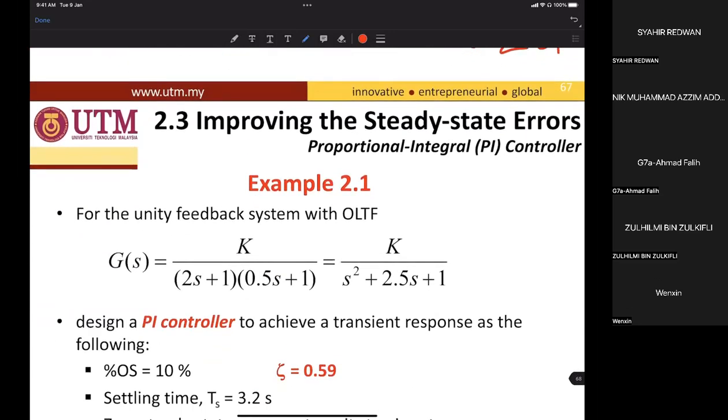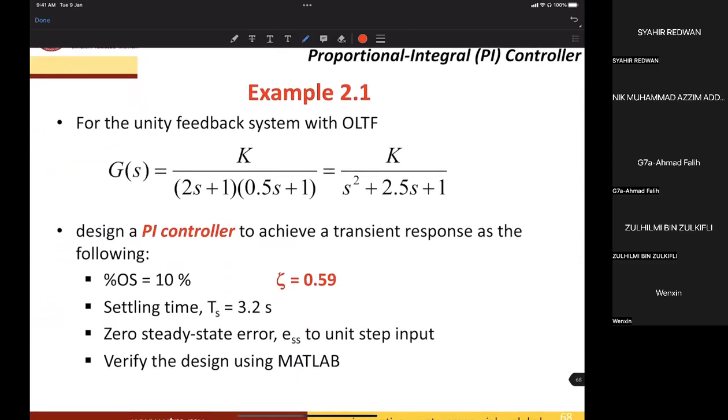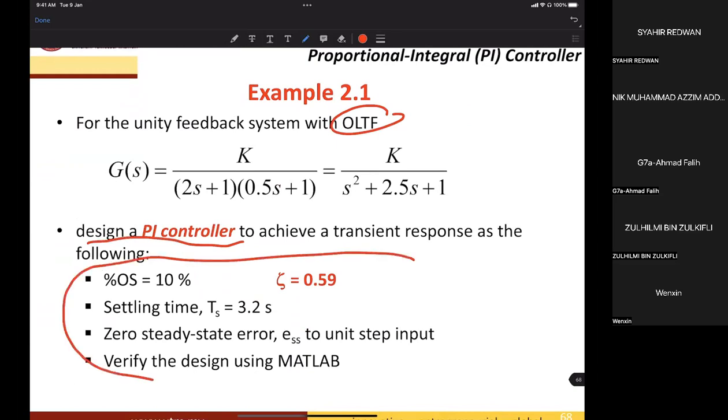So another example for the PI controller is this one, example 2.1. You are given the open loop transfer function. Design a PI controller to achieve the following transient response. This one we call a spec design.